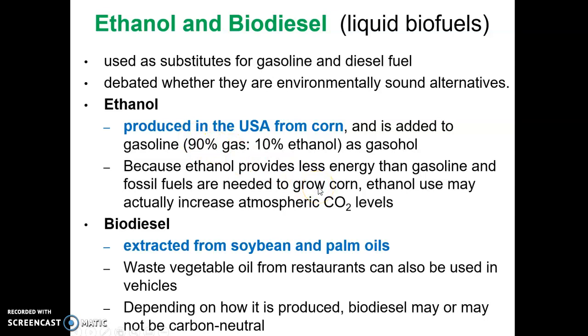So the fossil fuels that are needed to grow the corn may not really save you that much in terms of fossil fuels that are used. And so the use of ethanol in the long run, it has been determined, actually results in increased atmospheric CO2 levels because of this material needed to produce the corn.